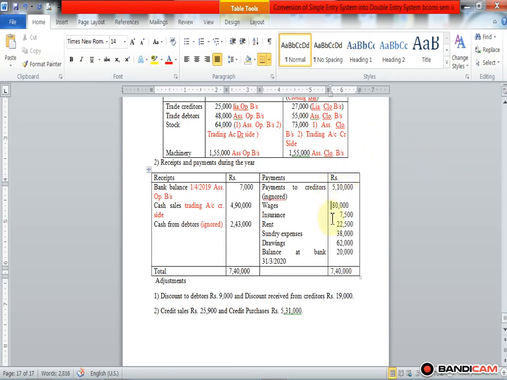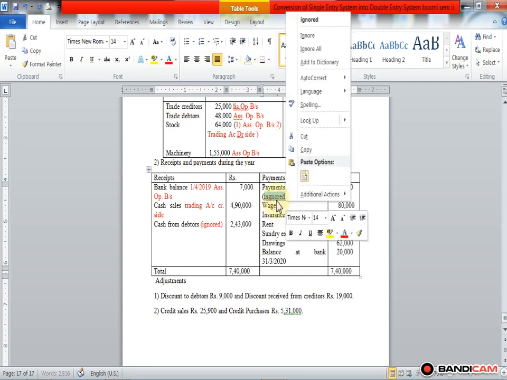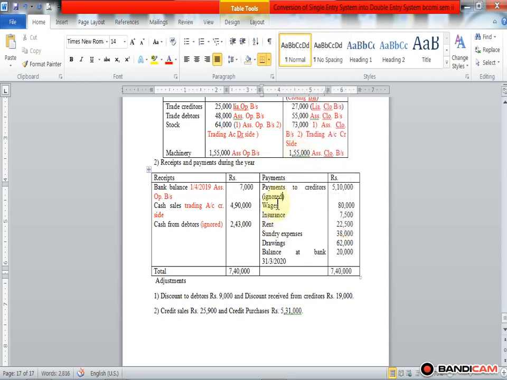Then wages. Wages is our expense, and this wages is a direct expense, transferred to or posted to the trading account debit side.